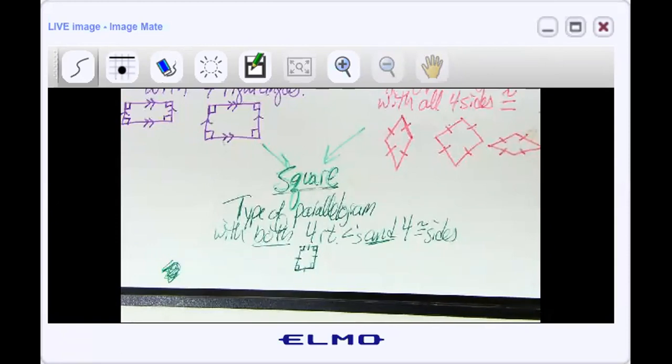Then parallelograms sprout off of that. Then you have rectangle and rhombus that sprout off of the parallelograms. And then the square is the mix of the two. Now, we have 2 more different types of quadrilaterals that we're going to talk about that are not parallelograms. So I'm going to flip to the next page and talk about those.